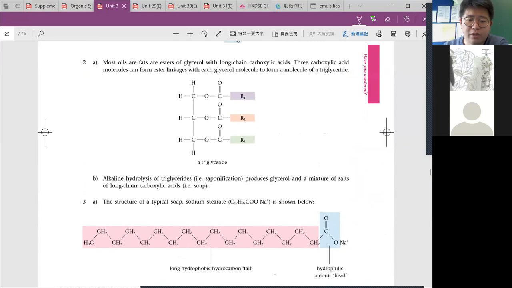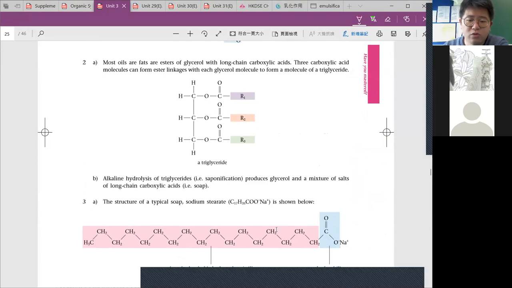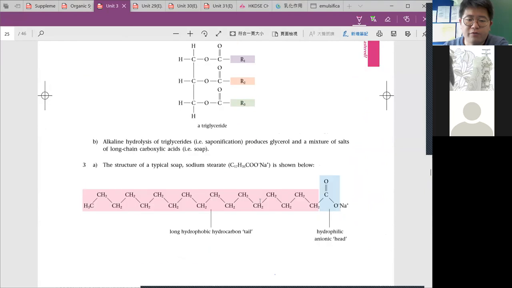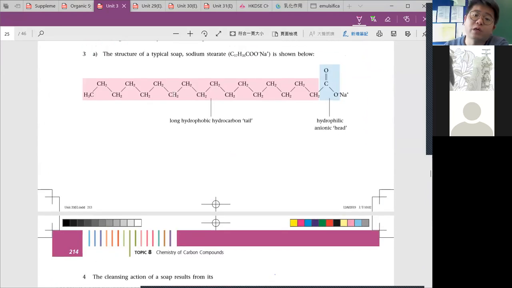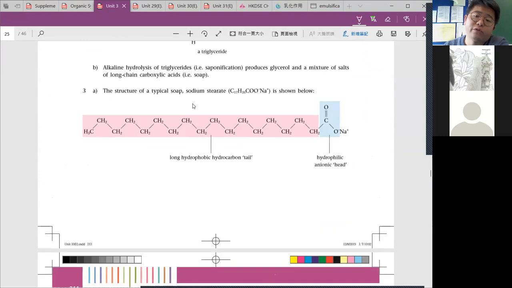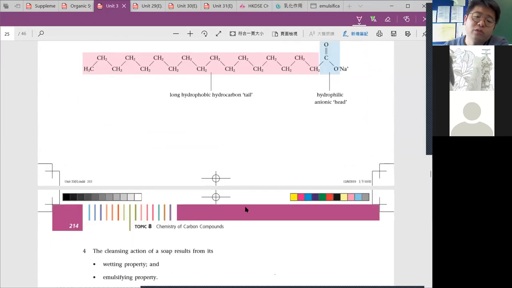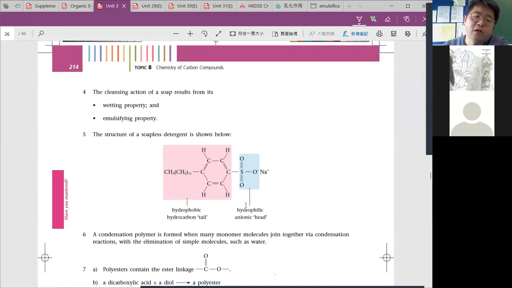I do alkaline hydrolysis to produce a very strange structure. Part of it is water loving, part of it is water hating. Only by having this can we do a cleansing action more effectively. Now it's quite different from non-ionic detergent. This one is more effective, and they will have a wetting property and emulsifying property.